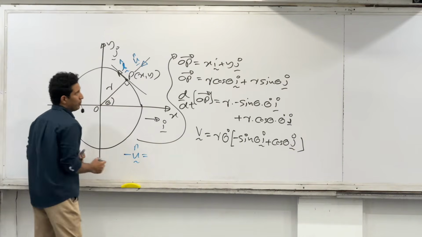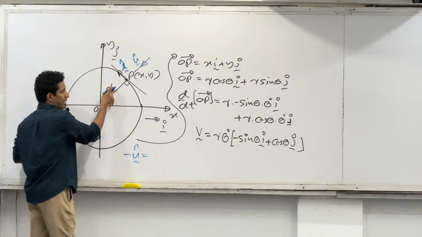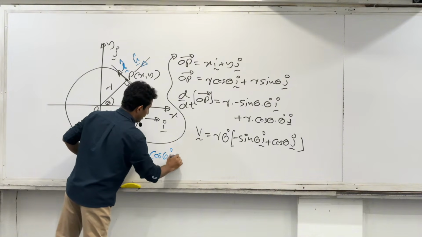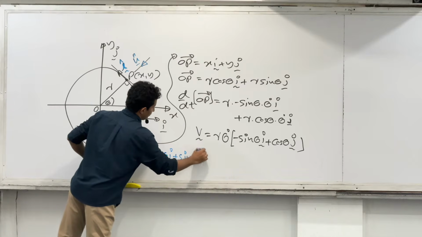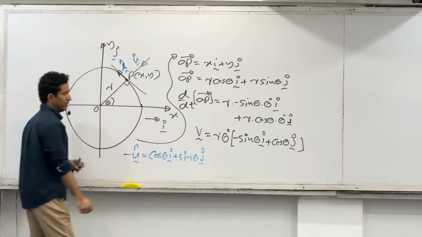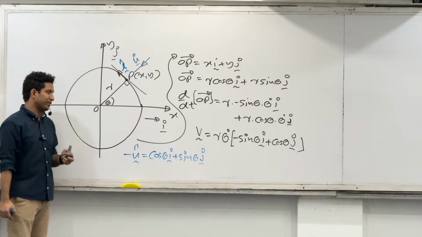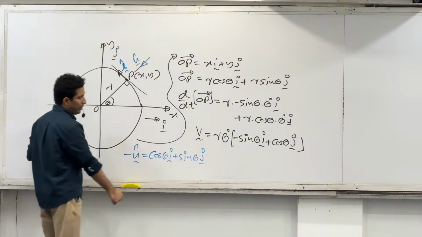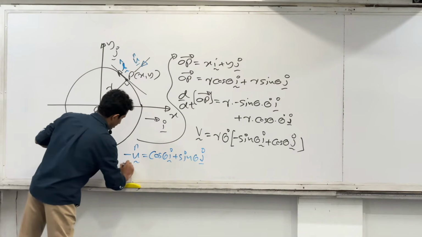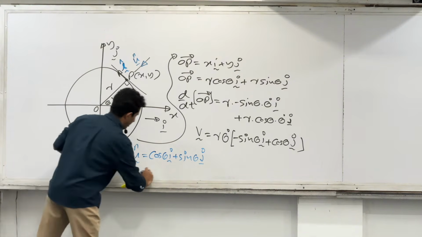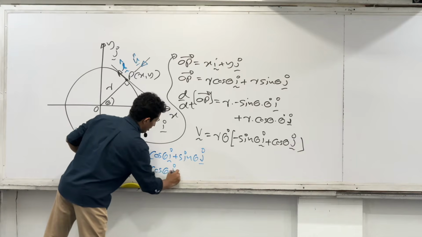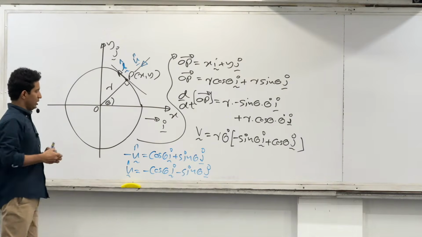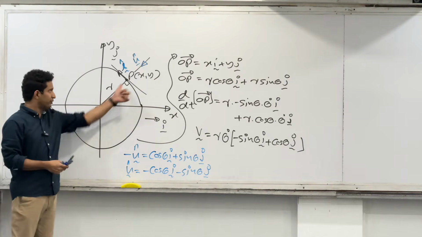Minus u hat equals, when r is 1, cos theta i plus sin theta j. Then in this direction, u hat equals minus cos theta i minus sin theta j. This is the unit vector in this direction.